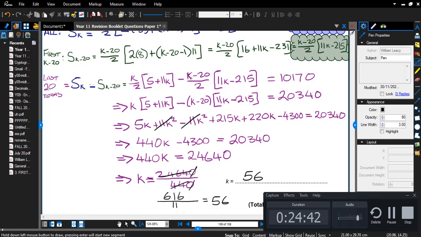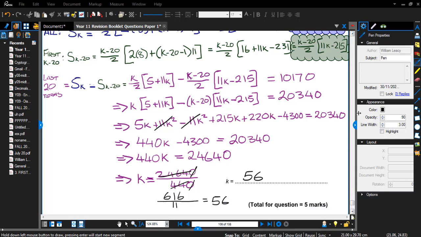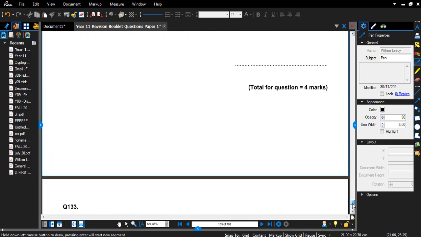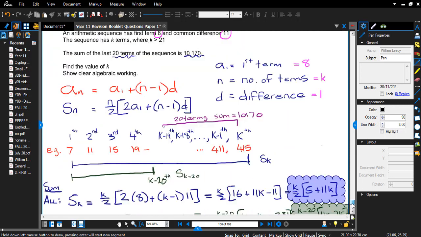So again, we had our line at the start. So we just said all the terms added together.